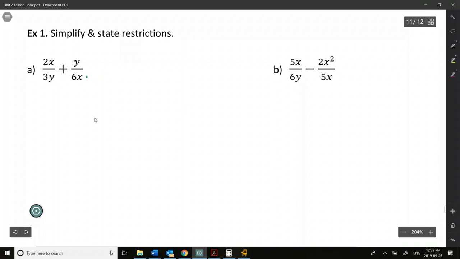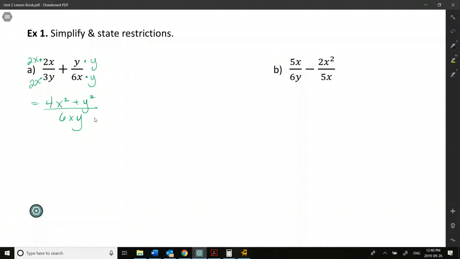So this side needs a y, and this side also needs an x along with the 2 to make that 6xy. So I'm going to multiply that on bottom and also on top. All right, so we've got 4x squared plus y squared all over 6xy.